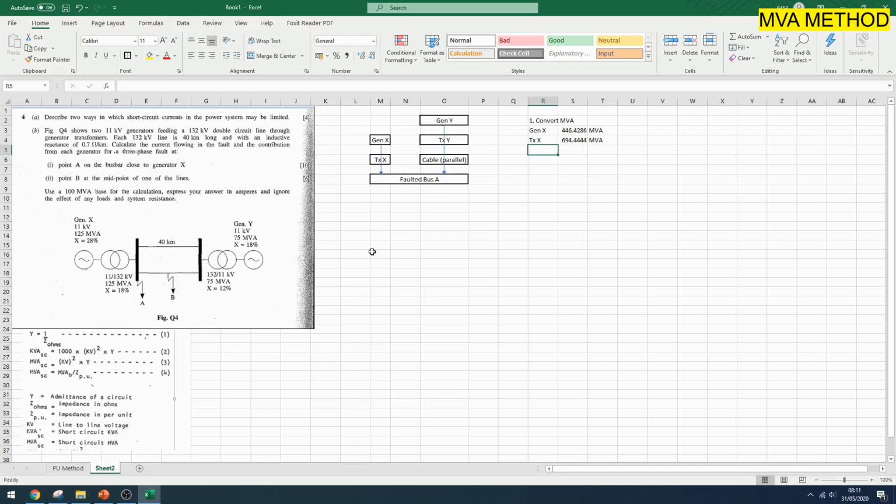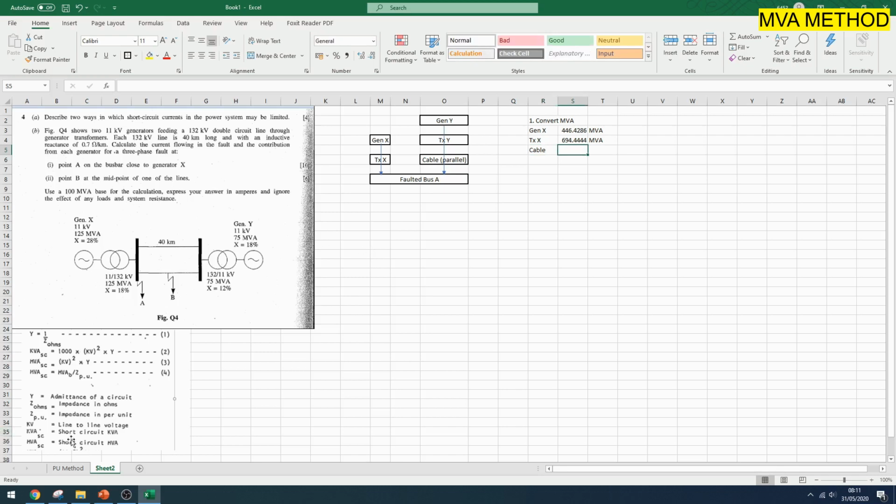So cable. We will have 2 cables, so I will show you one by one. This is just for one cable. So you have your impedance.